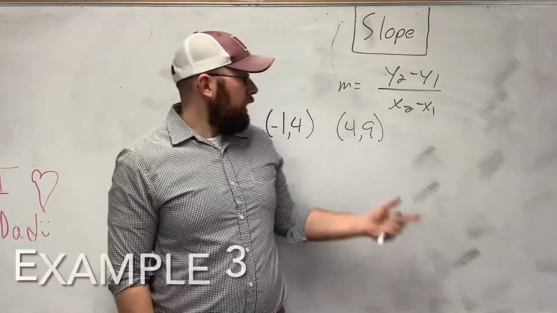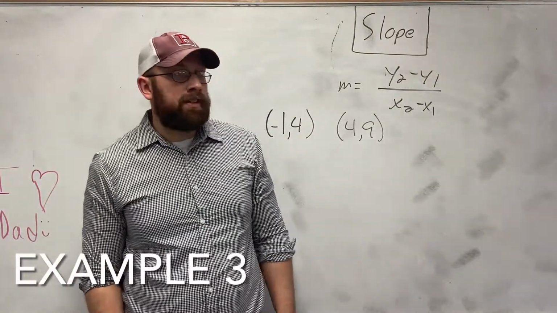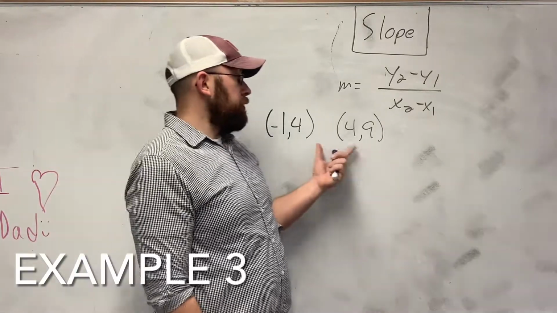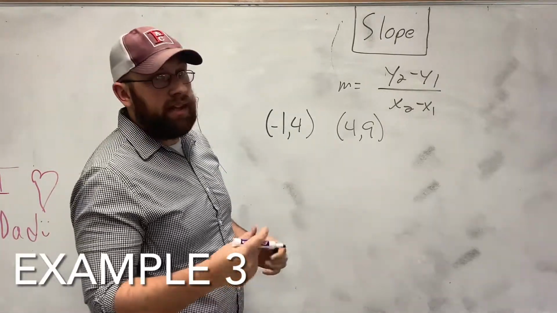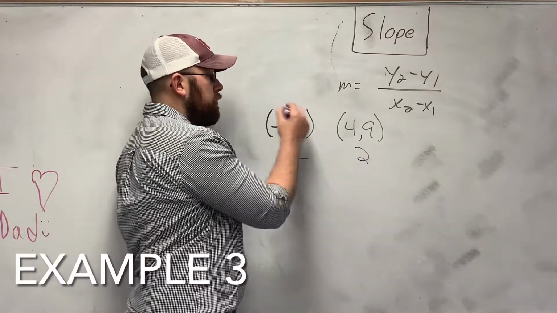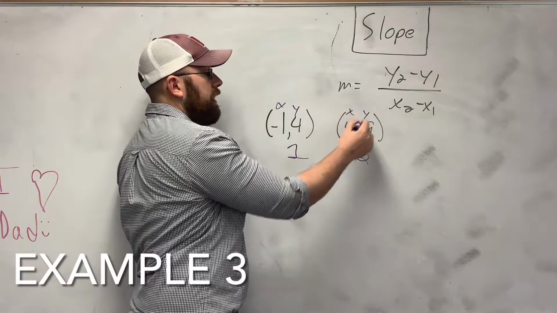So now let's say I need to find the slope of a line passing through these 2 points. It's just like asking for the slope. So I'm going to call this one 1, 2, x y, x y.